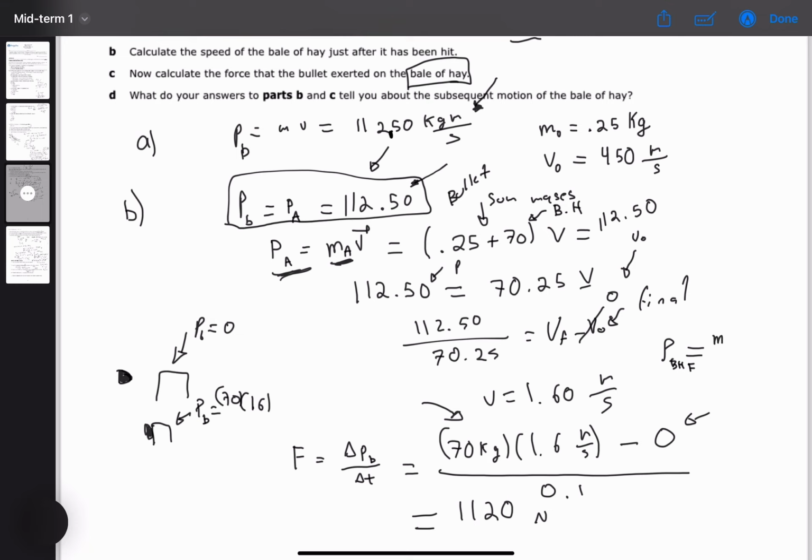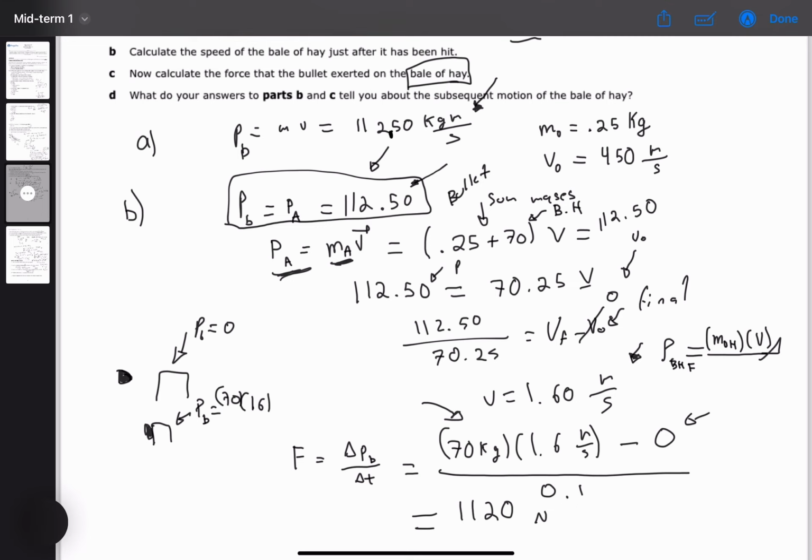Well, that is the mass of the bale of hay multiplied by its velocity. Okay, here. And I know the velocity from letter B. It's here.